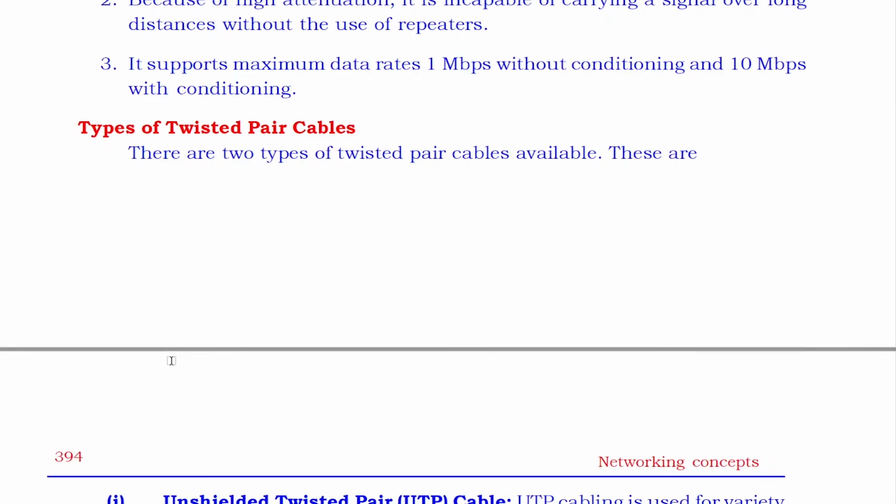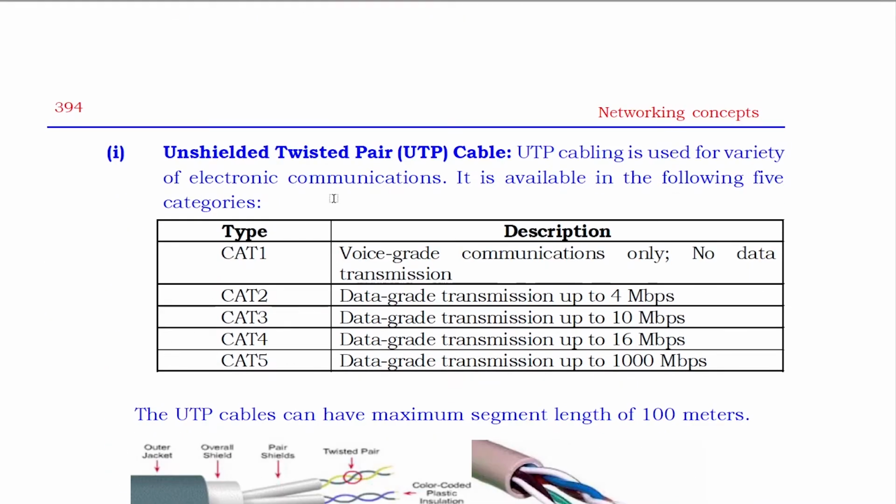So there are two types of twisted pair cable. One is the unshielded twisted pair, which we call UTP. UTP cabling is used for a variety of electronic communication. It is available in five categories. Category 1, voice grade communication only. Then category 2, data grade with 4 Mbps.